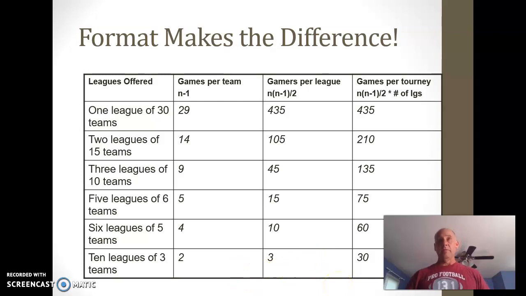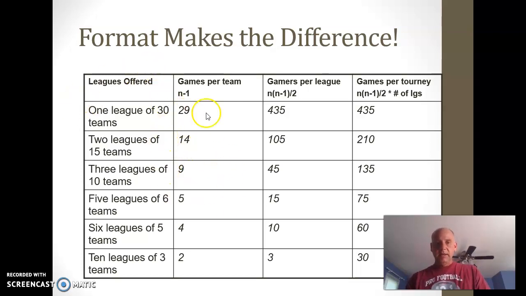Now again, if time is of the essence, then use a lot of leagues and very few teams. Probably somewhere in the middle ground is where you're going to find yourself. You're giving them an adequate number of games to play, and giving them the feel that they're getting the participation they're seeking out.